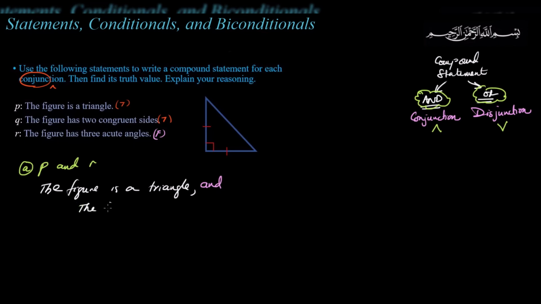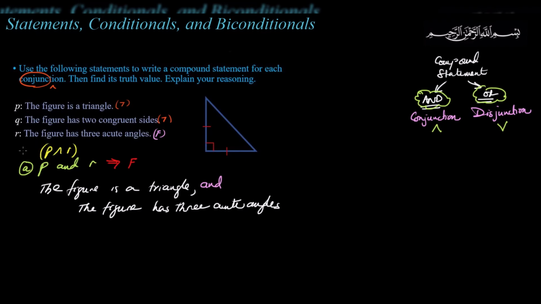Now, this compound statement, this is true, but this is false, correct? So this compound statement will be false, because both have to be true. So P and R, you can write it like this, is going to be false.